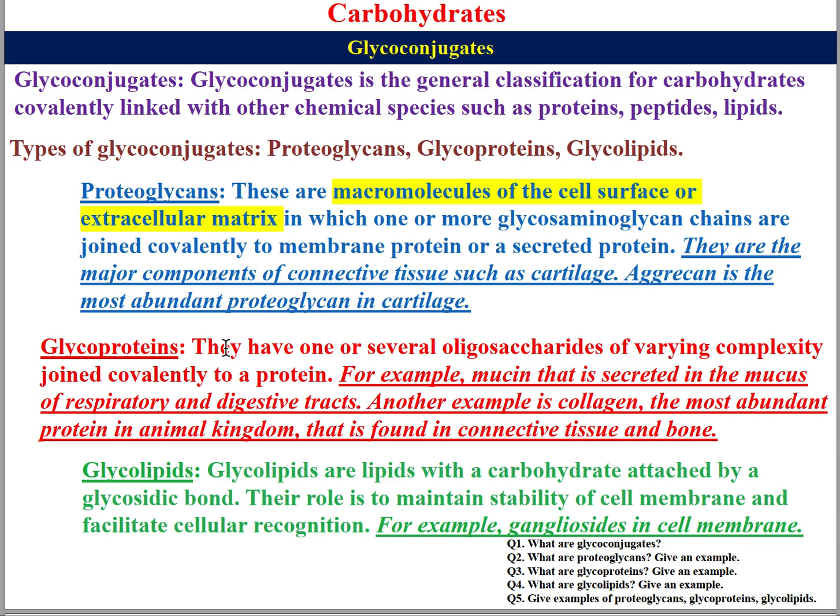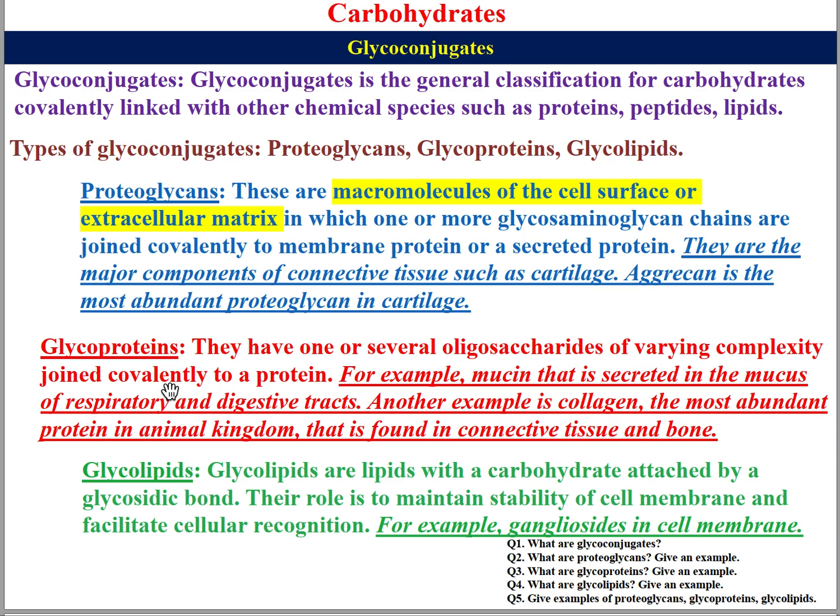Glycoproteins have one or several oligosaccharides of varying complexity joined covalently to a protein. For example, mucin, which is secreted in the mucus of the respiratory tract and digestive tract. Another example is collagen. Glycolipids are lipids with a carbohydrate attached by a glycosidic bond, and their role is to maintain stability of the cell membrane and facilitate cellular recognition.